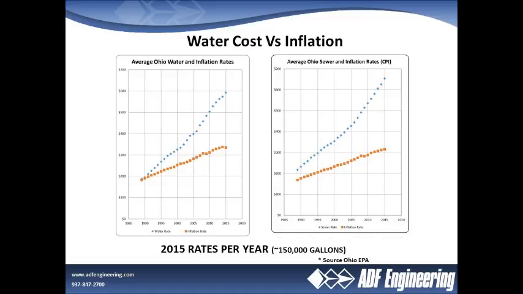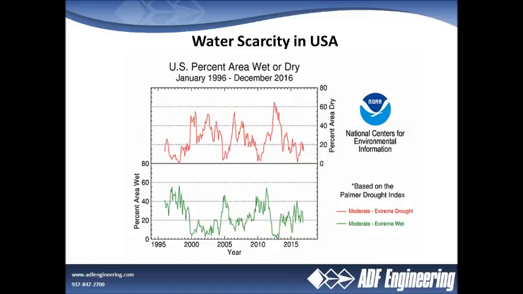If you look at inflation over the last 20 years, on average, it's about 2.4% per year. But if you benchmark that in 1995 and look at how much the combined cost for water and sewer has increased, it's increasing about 5.6% per annum. So water is getting increasingly more costly, no question about it.